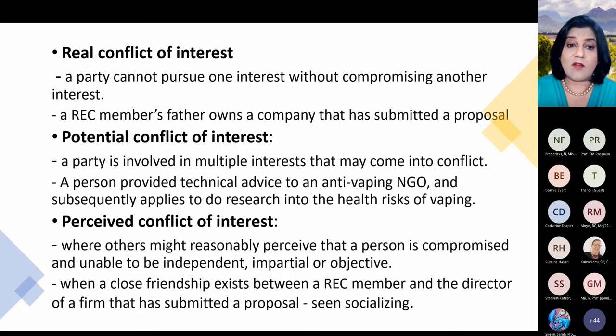Another way of looking at conflict is regarding it as only a potential conflict. And here we are often all in this position where we are involved in multiple different ventures. We have multiple interests. They may or may not come into conflict, but if we think they may come into conflict, then they are regarded as a potential conflict of interest. Examples here would be consultants providing technical advice to various companies, subsequently applying to do research in that field.